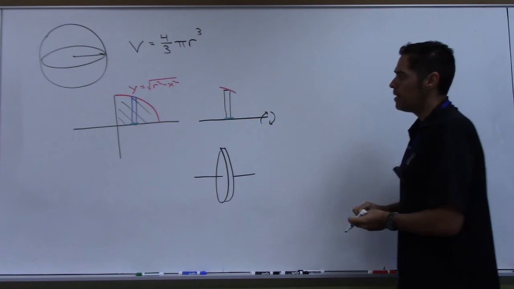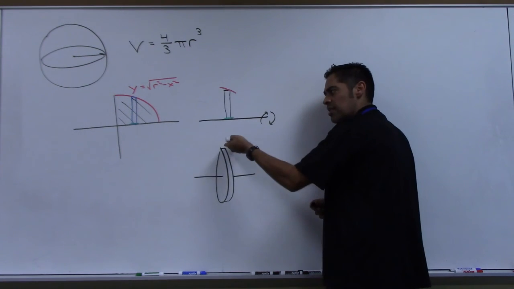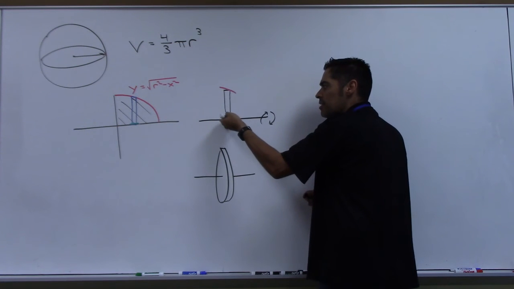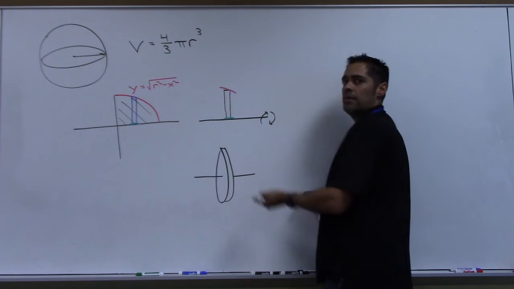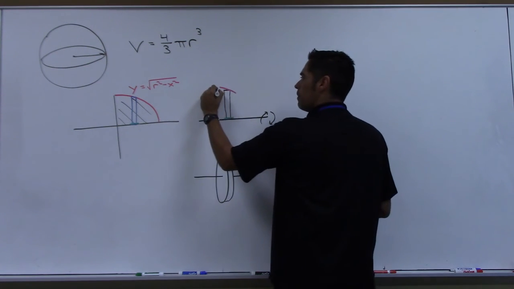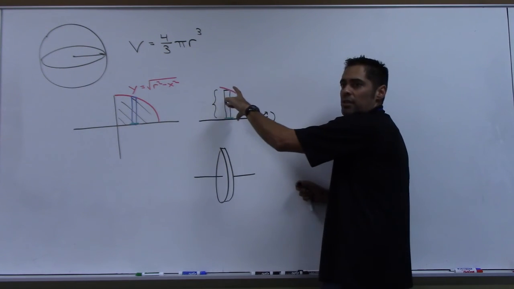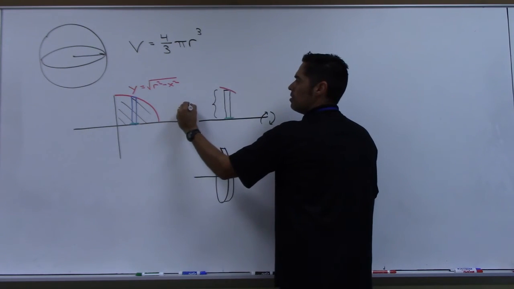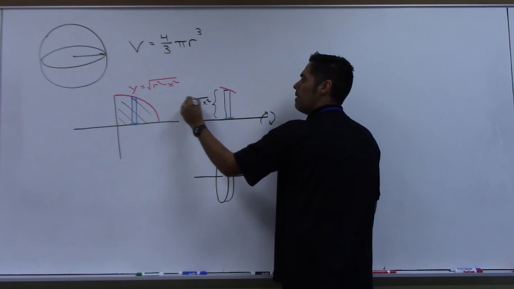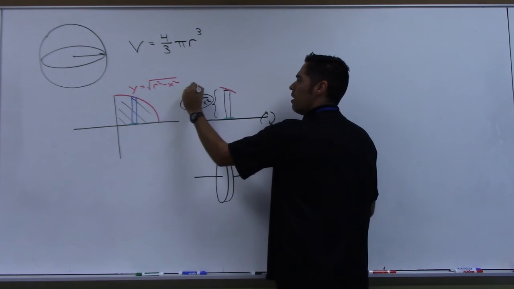The outer is the distance from the axis of rotation to this top edge, which is the same as the distance from here to that red. What is that distance? It's actually just the function itself, right? Which is square root of r squared minus x squared. This is the outer one, right?